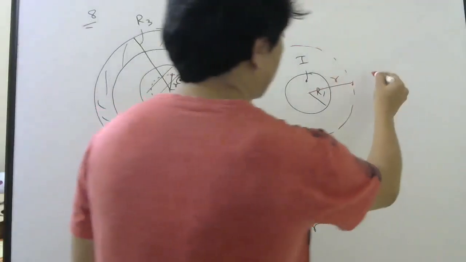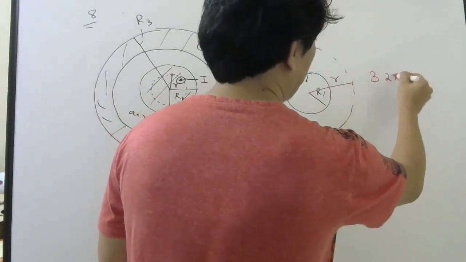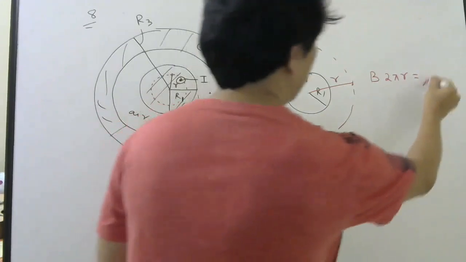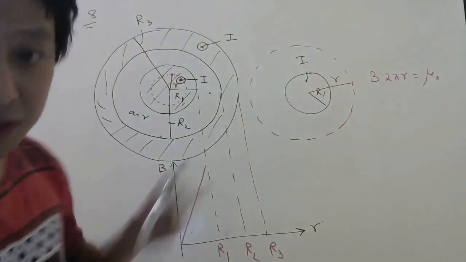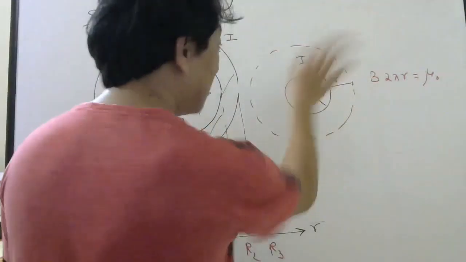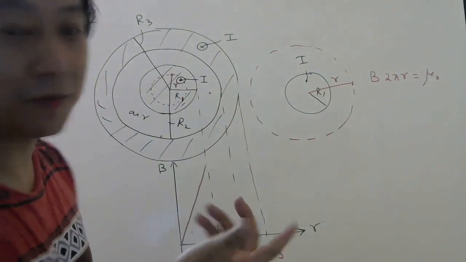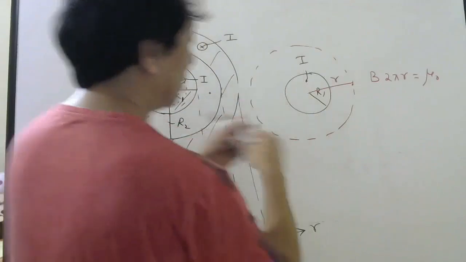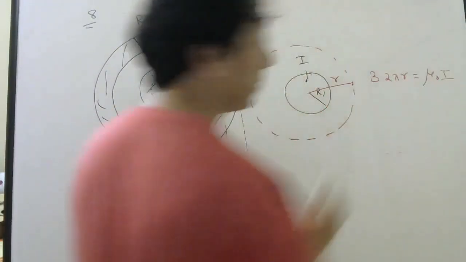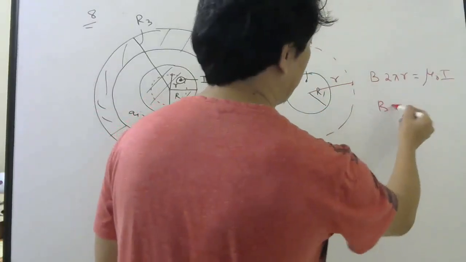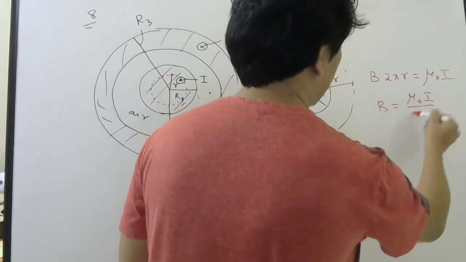The left side of Ampere's circuital law will be B into 2 pi r. The right side will give mu naught times the current enclosed. Now this time the total current is inside, so there is no need to find a part of the current, because the total current I is inside this loop. So the magnetic field will be mu naught I by 2 pi r.